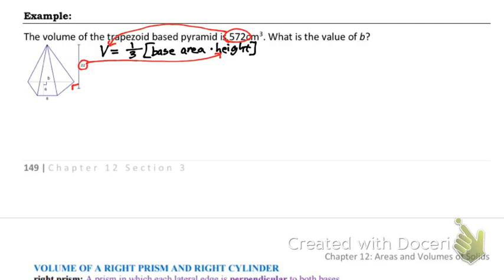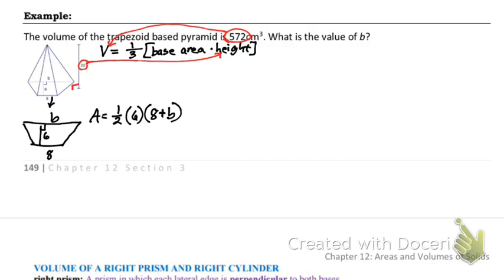So now all I'm thinking about is, hey, let's draw that base down below and come up with the area of it. This base right here is a trapezoid where one of our bases is 8, the height is 6, and the other base is B. The area of a trapezoid is 1/2 the height, which is 6, times base 1 plus base 2, so that would be 8 plus B. You do need to know the area of a trapezoid.